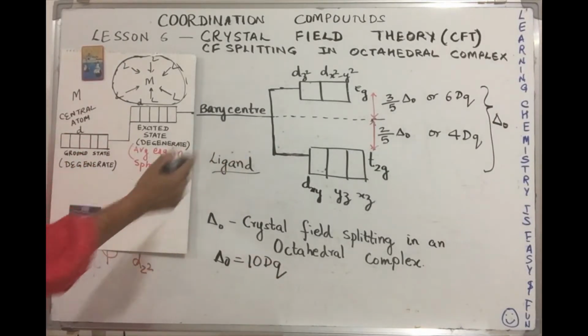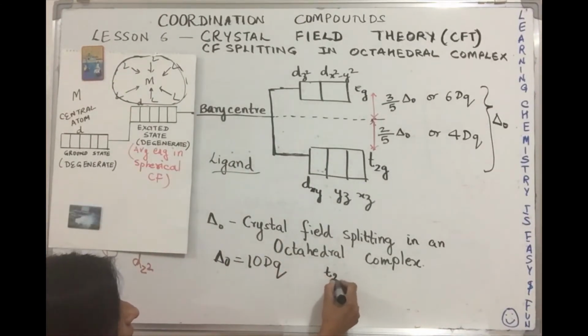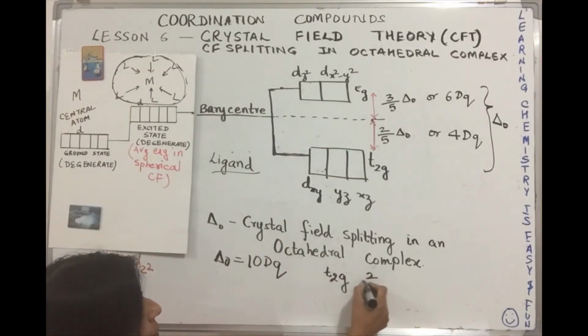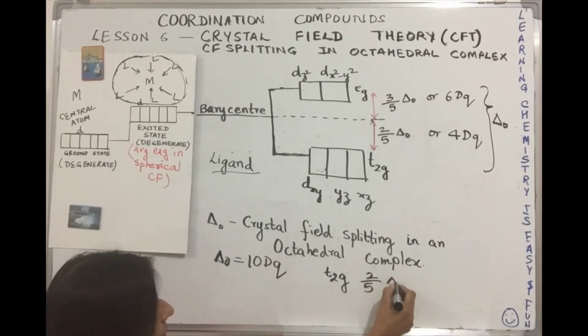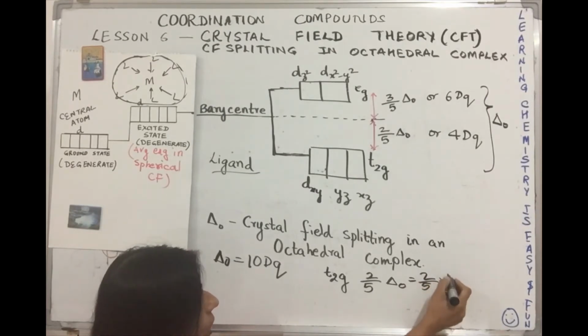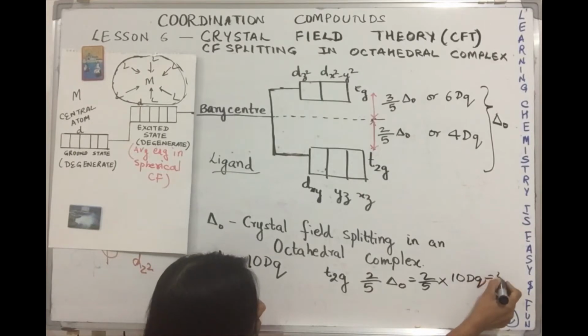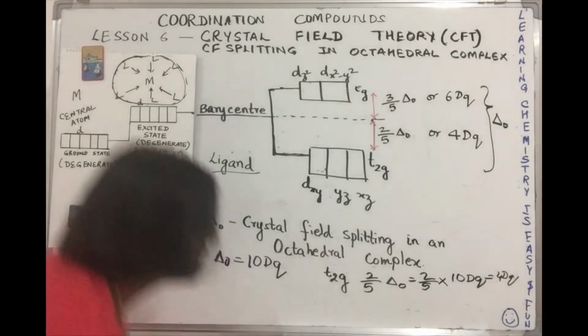So if I am talking about the t2g orbitals, which are 2/5 delta O, I will have 2/5 of 10 Dq, which gives me 4 Dq as the value.